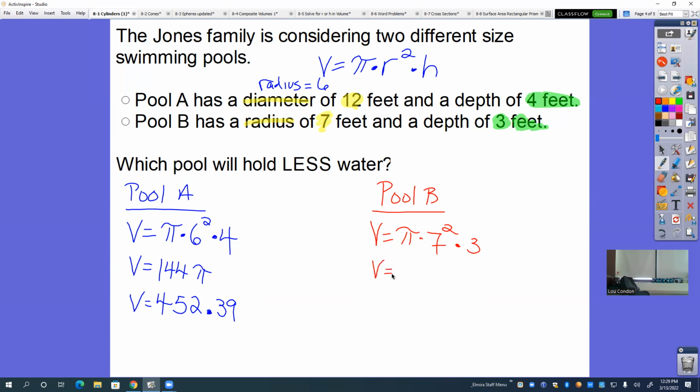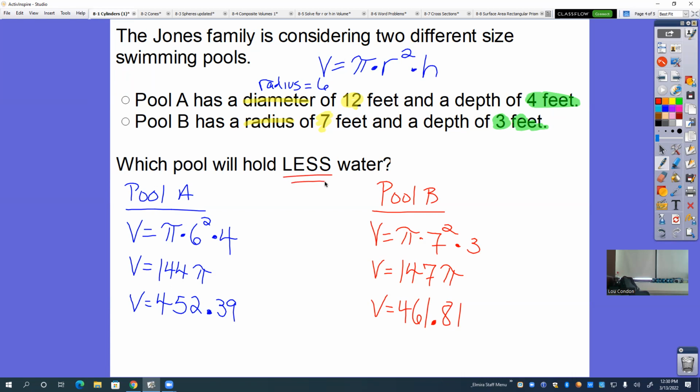So V equals 147 pi, which would equal 461.81.